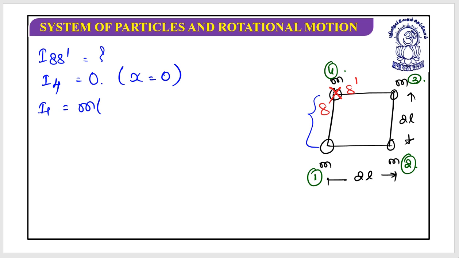So this will be I1. It's M into 2L whole square, which is equal to 4 mL square.